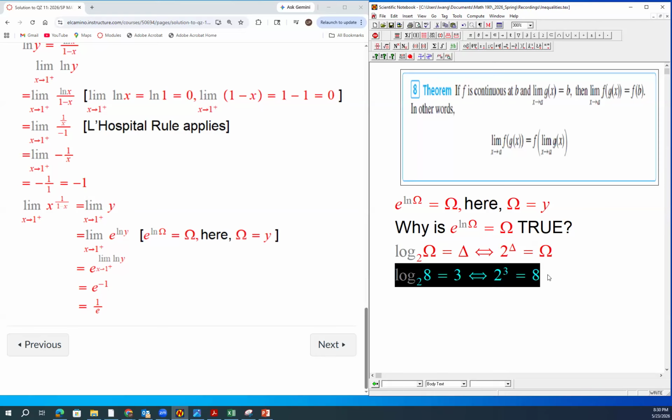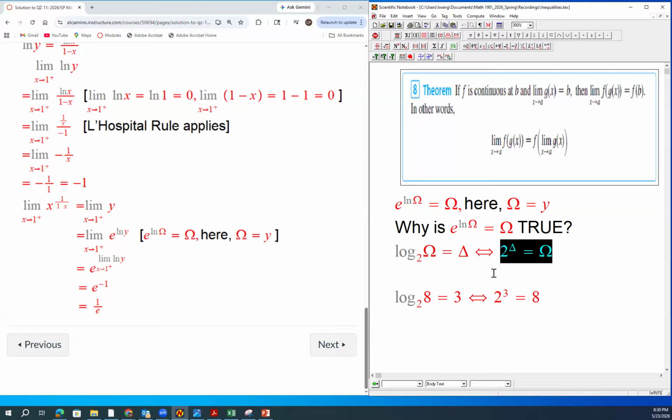So you can see this is a relationship. From this relationship, 2 raised to the power of triangle is omega. I'm just going to copy this one more time, replacing the triangle by its equal. What equals the triangle is log base 2 of omega.